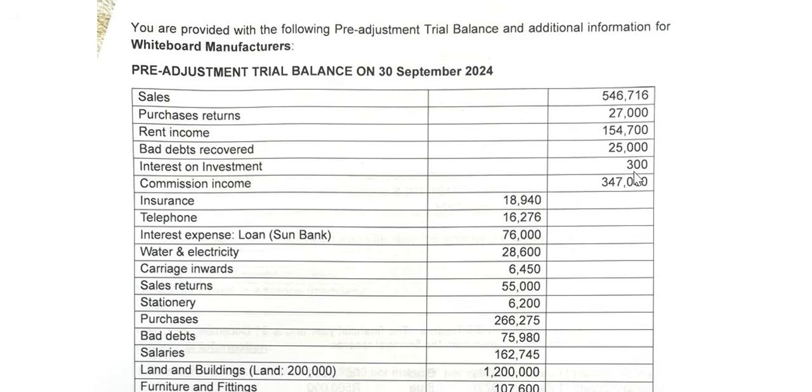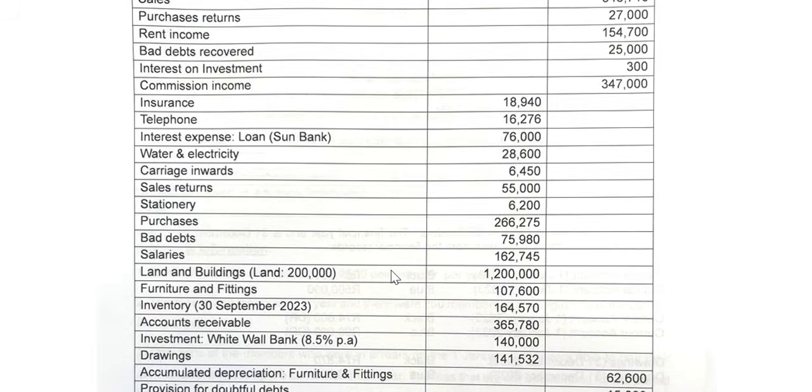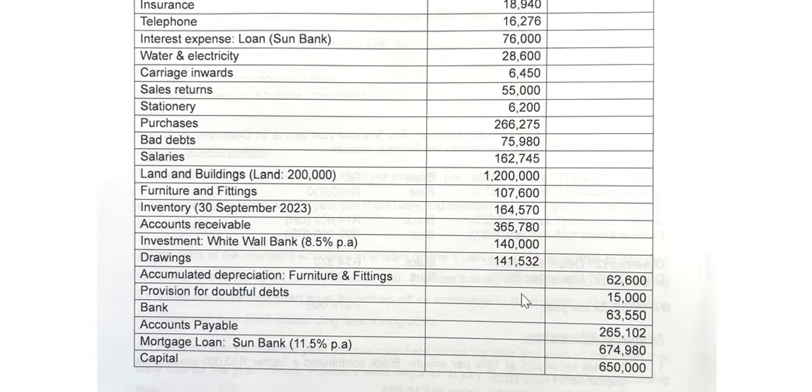It shouldn't be 300, but at the moment it's showing 300. If you take 8.5% of 140,000, that's what it should be. So I know this year you're going to have to increase that amount to 8.5% of 140,000. I think it's 11,900.